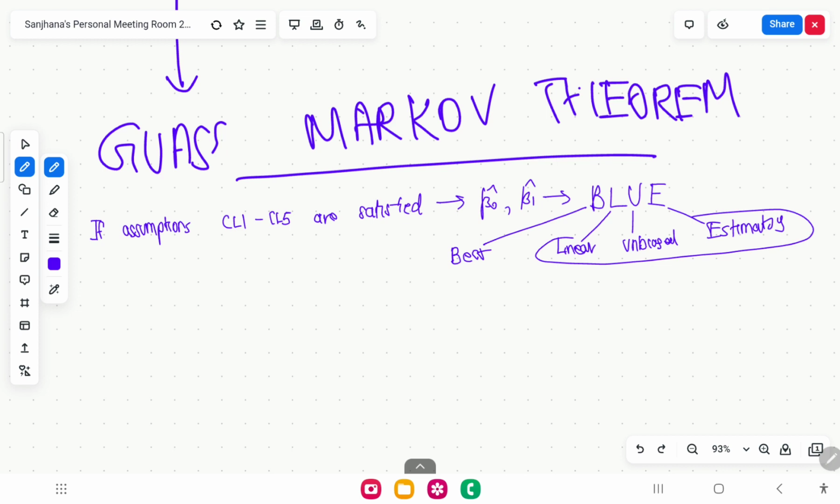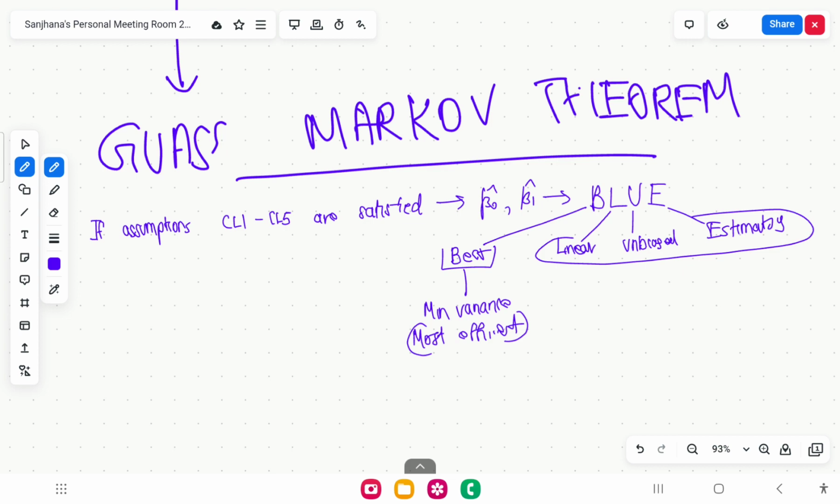How do we determine whether an estimator is best or not? The estimator which has the minimum variance is considered to be the best one. It's the highly efficient one. Since OLS estimators are unbiased, linear, and have minimum variance, they are considered to be BLUE, best linear unbiased estimators.